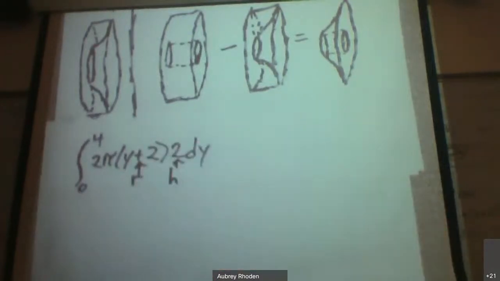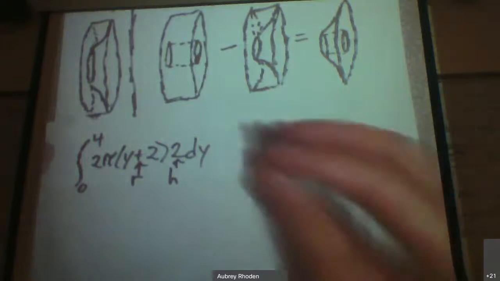When I plug the boundary of 0 in, I get a radius of 2, and when I plug in the boundary of 4, I get a radius of 6. So your shells begin at a radius of 2 and go out to 6. That's what the boundaries are telling you.